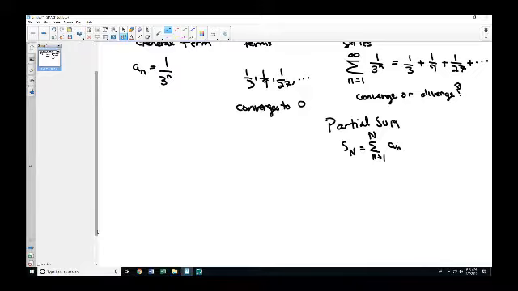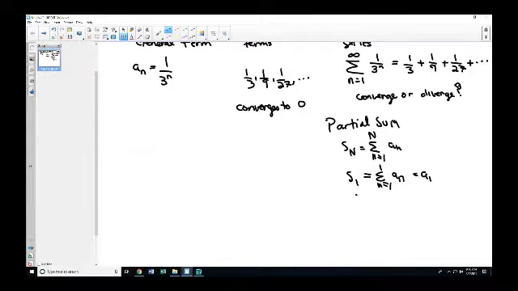Okay, so what would the sum sub 1 be? So the first partial sum would be the series from 1 to 1, which is only term 1, right?